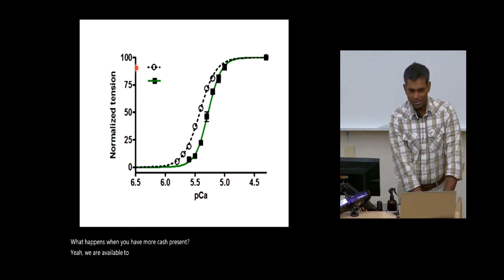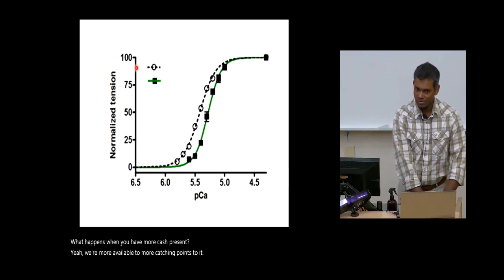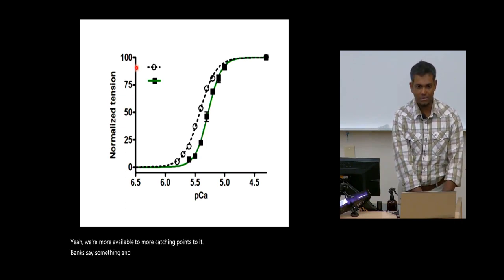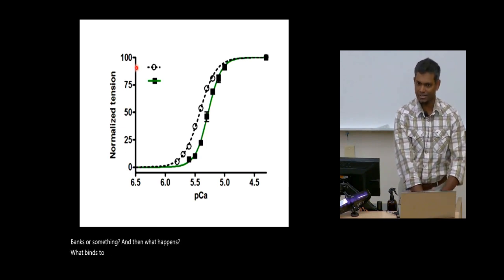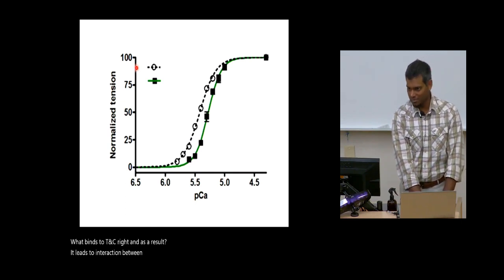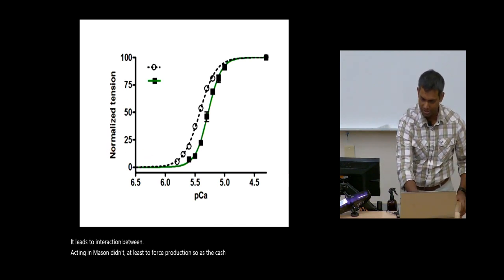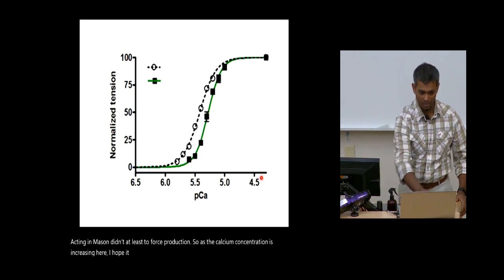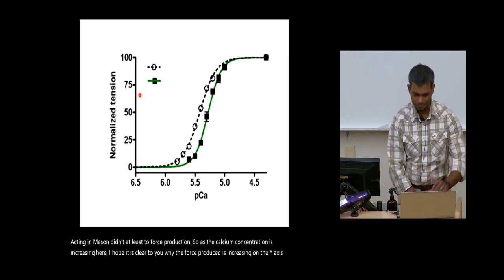More calcium binds to what? Binds to something, and then what happens? Wait, it binds to TnC, right? And as a result, it leads to interaction between actin and myosin, right? And that leads to force production. So as the calcium concentration is increasing here, I hope it is clear to you why the force produced is increasing on the y-axis, right?